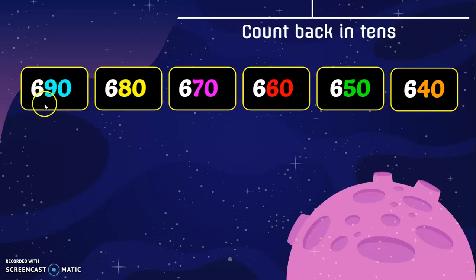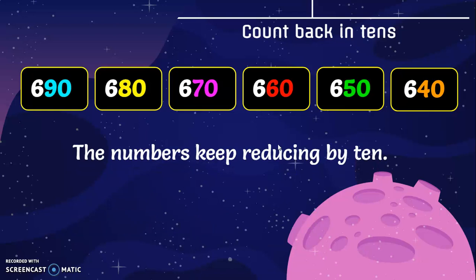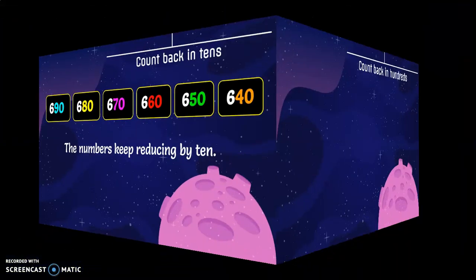So 90 minus 10 you got 80, 80 minus 10 you got 70, 70 minus 10 you will get 60, 60 minus 10 you will have 50, 50 minus 10 you will have 40. Thus, this number sequence is count back in tens, or we can say that the numbers keep reducing by 10.